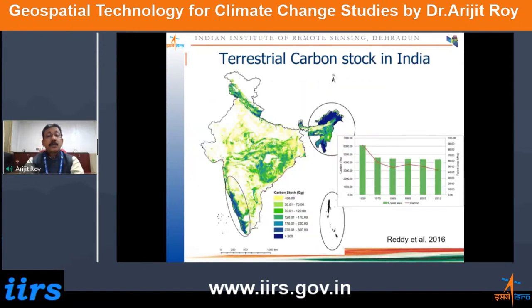Similarly, for India, we have also prepared an extensive high-resolution map of the terrestrial carbon stock. And you can see most of the areas which have a high vegetation cover are the areas where we have the highest terrestrial carbon stock in India.